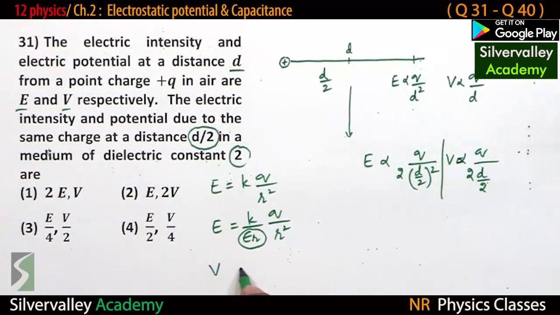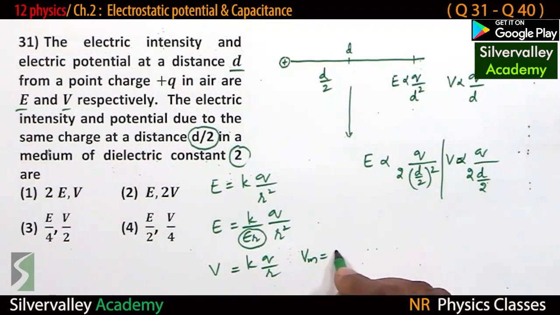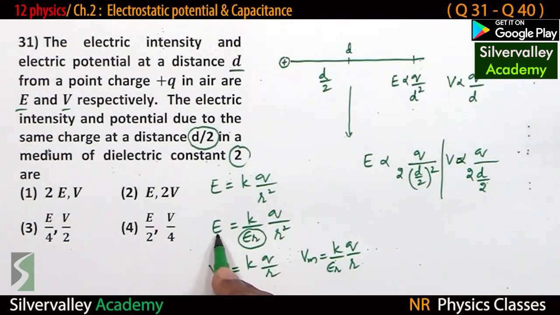Similarly, potential is given by constant q by r, and potential in a medium is equal to constant q by epsilon r times r, where epsilon r is the dielectric constant. So in the case of electric field and electric potential, the dielectric constant is in the denominator.